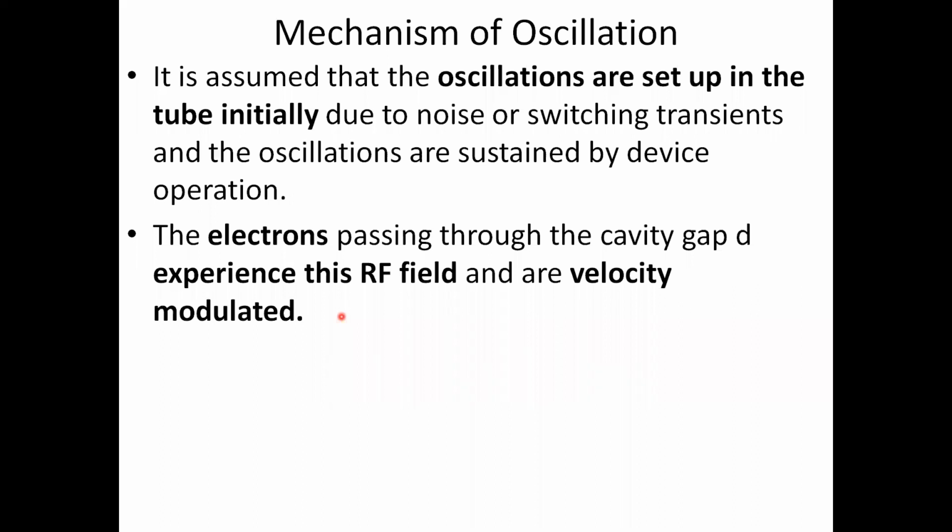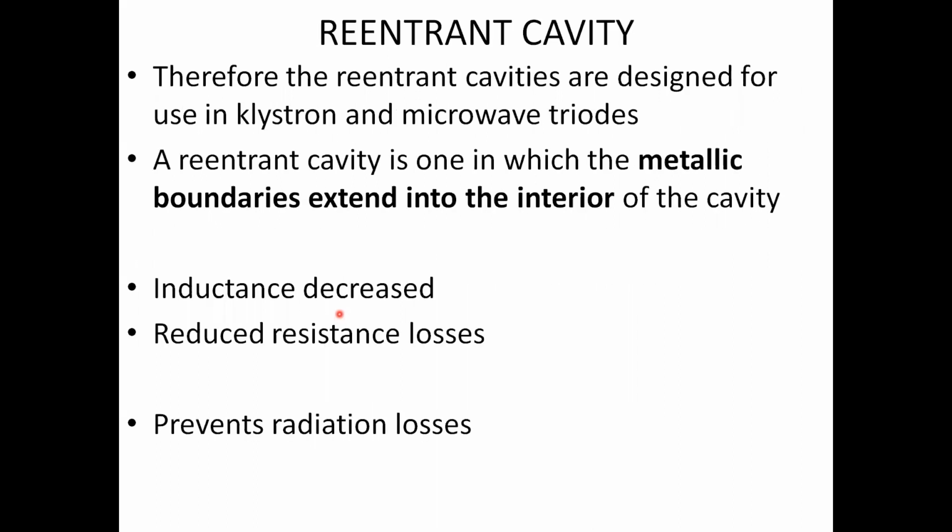All these electrons are trying to form in the prescribed format, when RF voltage is produced across the gap. So the cavity electrons act as an electron beam.